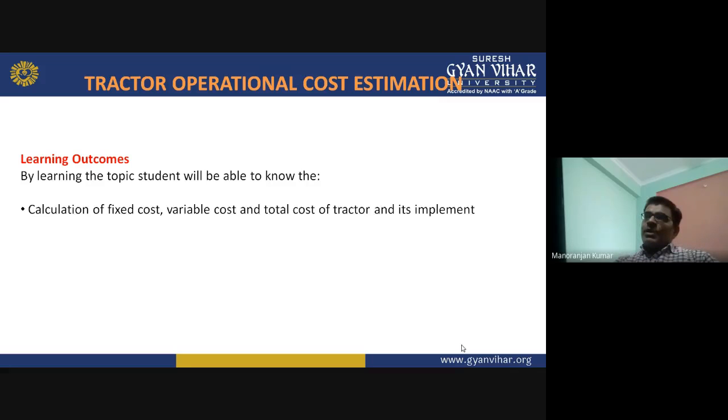By the end of this lecture, the students will be able to know what the fixed cost is, what the variable cost is, and what the total cost of the tractor is, and how it is calculated. Not only the tractor, but we will also estimate the cost of the implement. So this is the learning outcome.